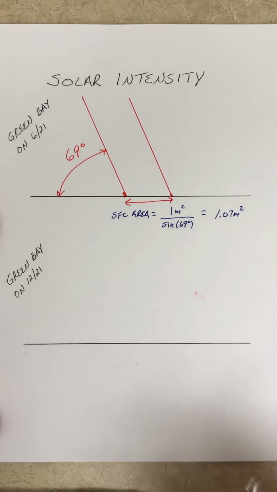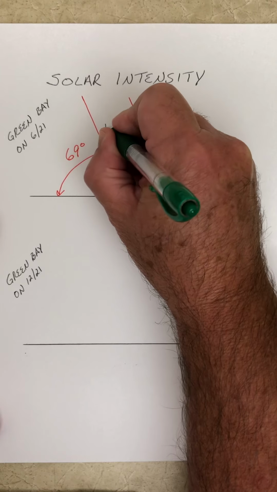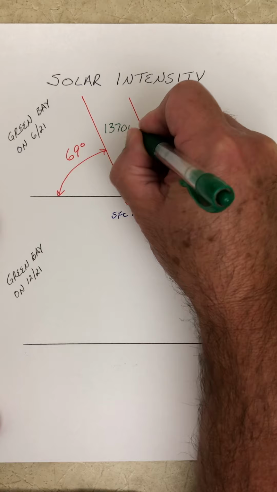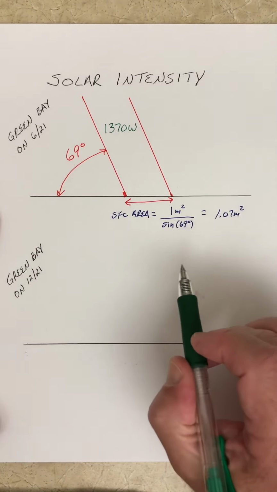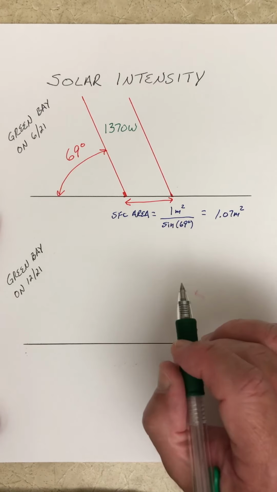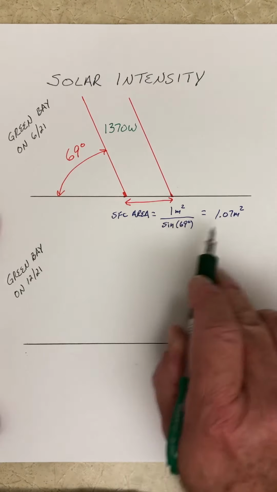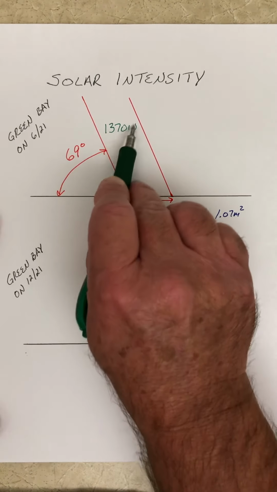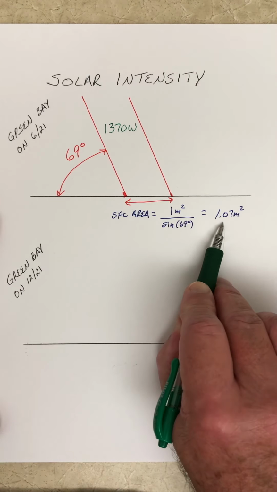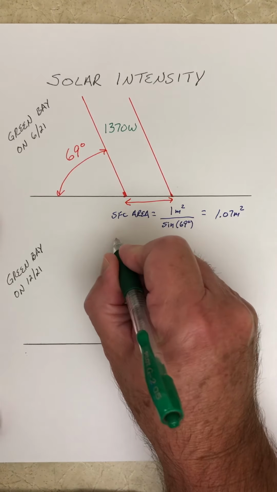All right. Now, the next thing, a new twist here, is how much energy are we receiving from the sun? Well, there's 1,370 watts of energy coming down from the sun. We call that the solar constant. That doesn't change. But what does change is the surface area over time. So we're going to take that 1,370 watts of energy and divide that up over 1.07 square meters in order to get the solar intensity.